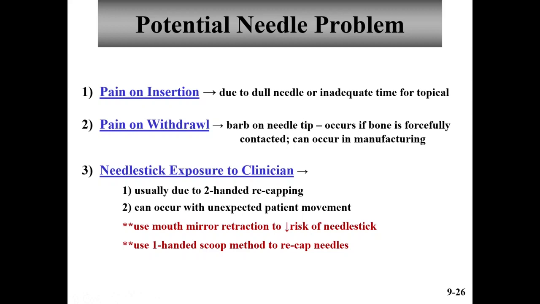There are some other times it can occur, but most often it's from recapping a needle using two hands. If you use a mouth mirror to retract instead of your fingers, you're less likely to have a needle stick exposure because your fingers are out of the way. And I'm going to teach you how to use the one-handed scoop method.